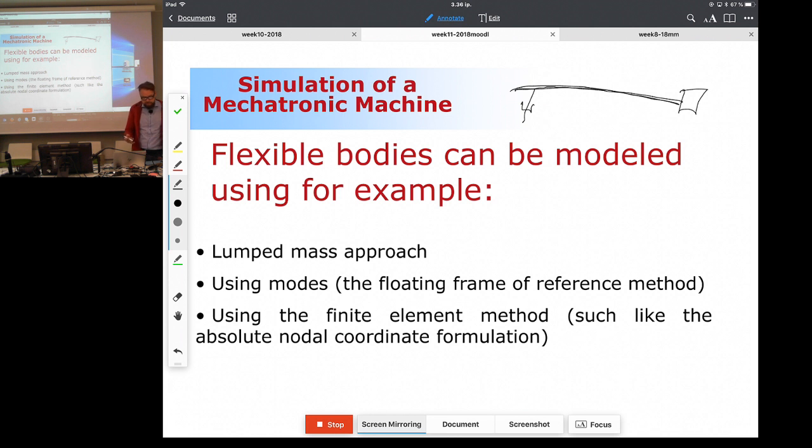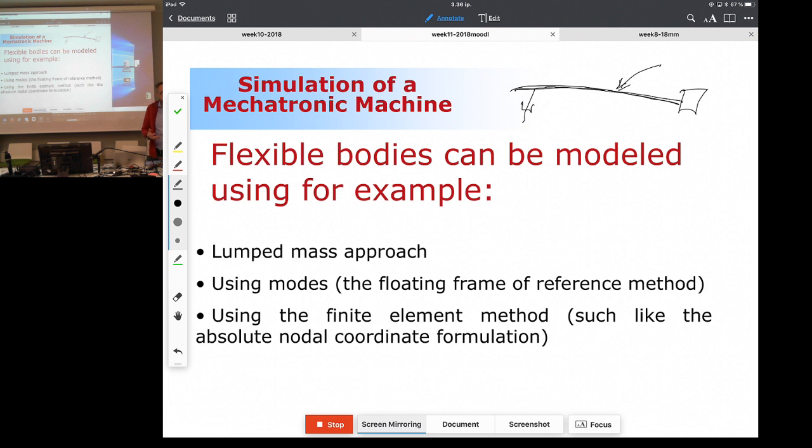You can make an estimation by assuming this body to be rigid, but that is no longer an accurate representation of reality.